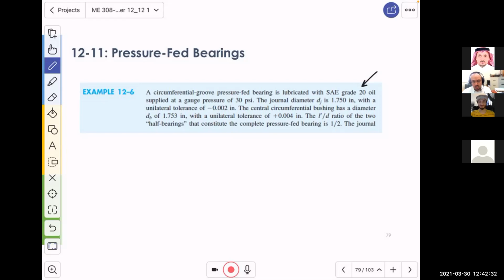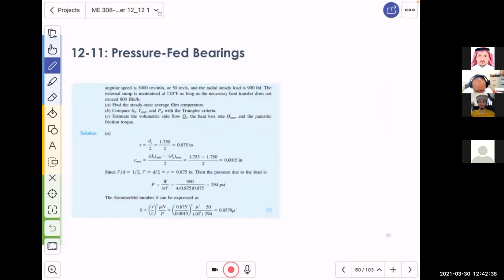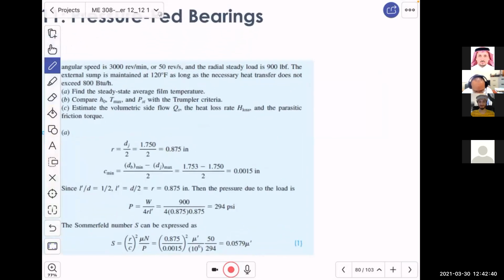The L prime over D ratio is 1/2, and the angular speed of the journal is 3,000 revolutions per minute, which is an equivalent of 50 revolutions per second. The radial steady load, this is W, is equal to 900 pound force.